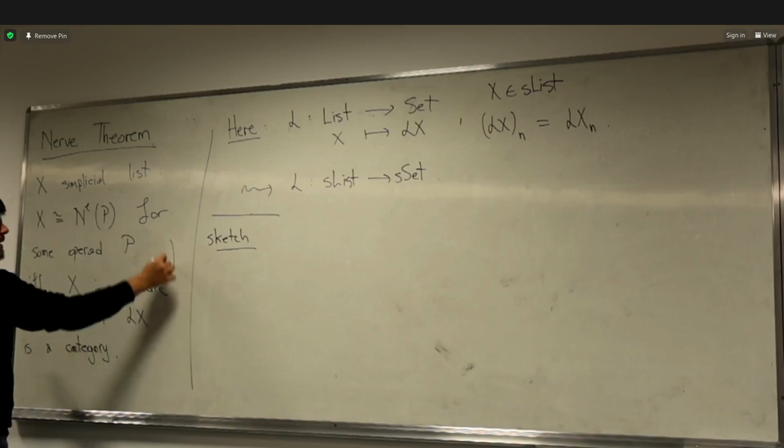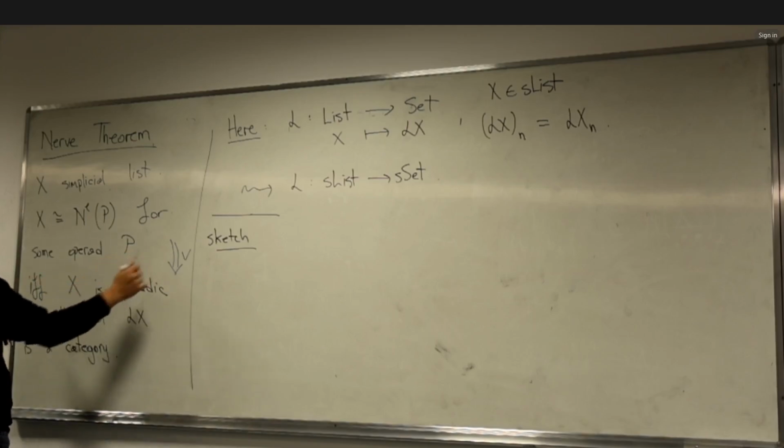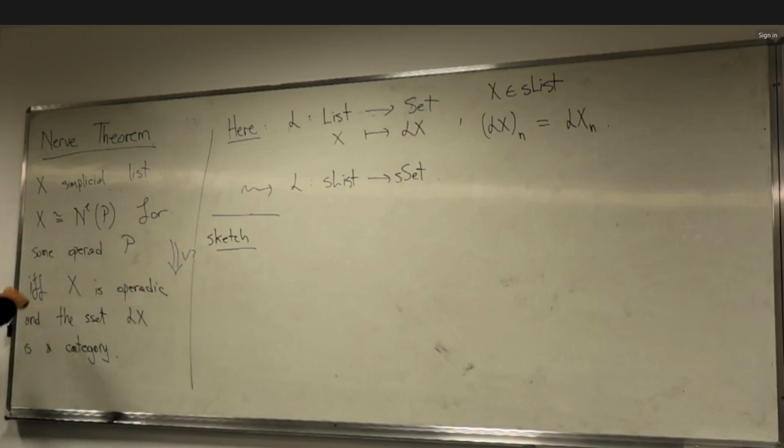This direction, let's consider it done, or well, later. So I will do the other direction. If I have a simplicial list which is operatic, and I know this is a category, how do I recover an operad such that this X is precisely the nerve?